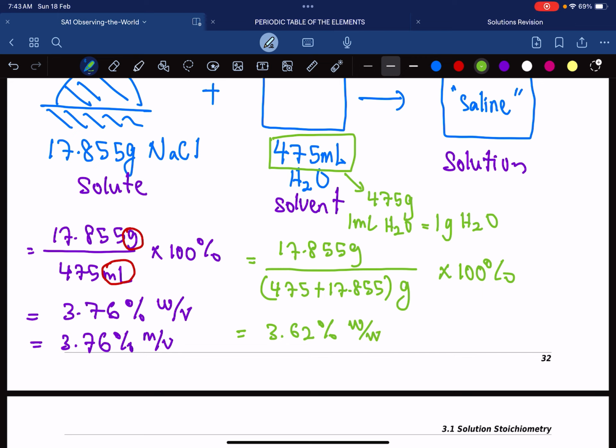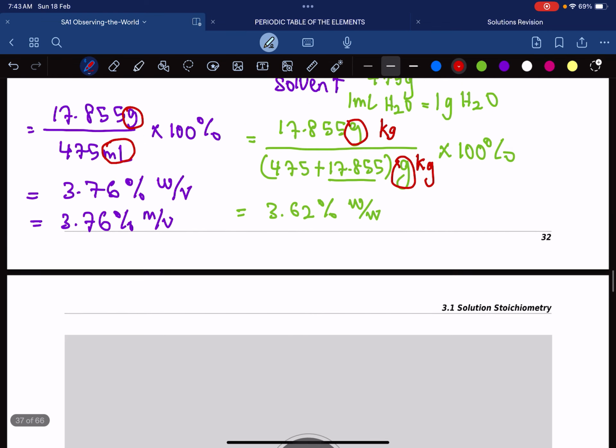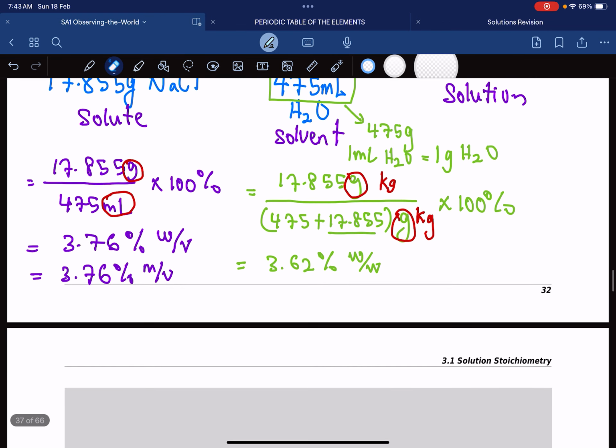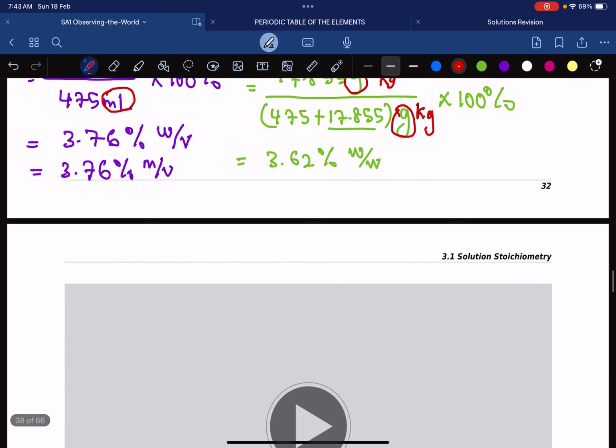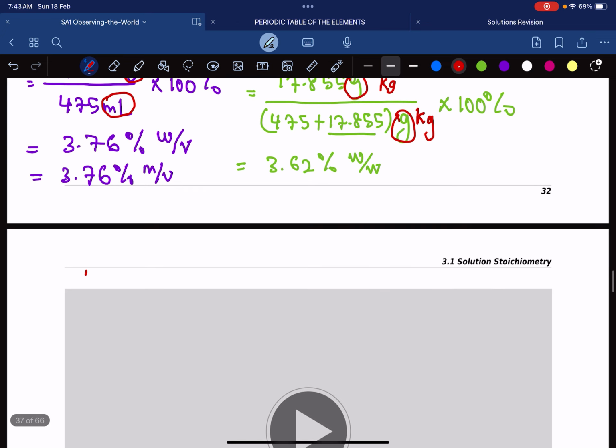The difference is that we have added the mass of the solute in our solution. Again, if the top is in gram, the bottom is in gram. If the top was in kilogram, then the bottom will be in kilogram. Then the next thing we can do is calculate this the way chemistry students are supposed to. In chemistry, we express concentration as molarity.